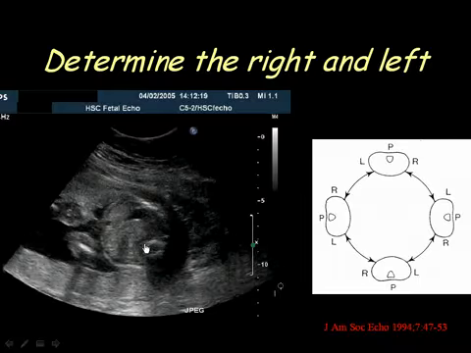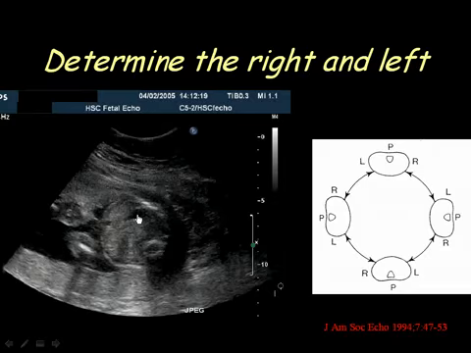Let's see it again. Let's freeze it here. So this is the spine. This is the spine. This is the sternum. This is the stomach bubble. Okay? So if this is the spine, this image looks like this one. So this is left, this is right.